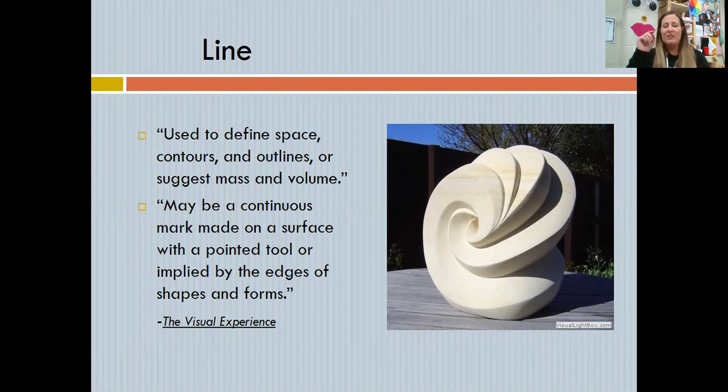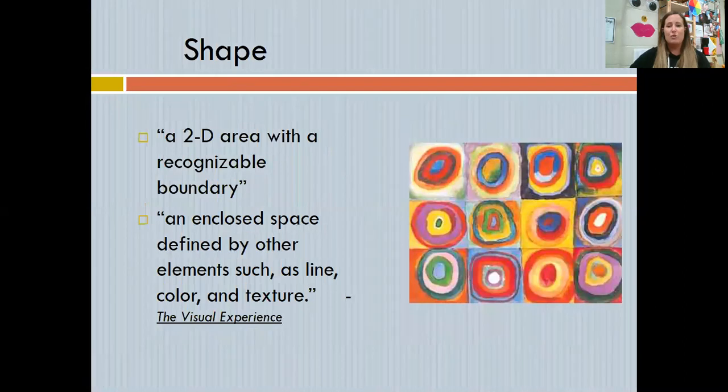All right. So even though this is a sculpture, we don't really have a line drawn on it, but we do have a lot of implied lines created by the edges of our form, and it's creating that really cool spiral line that we see. Now, shape's going to be a line that has really closed itself off and has a recognizable boundary, okay?